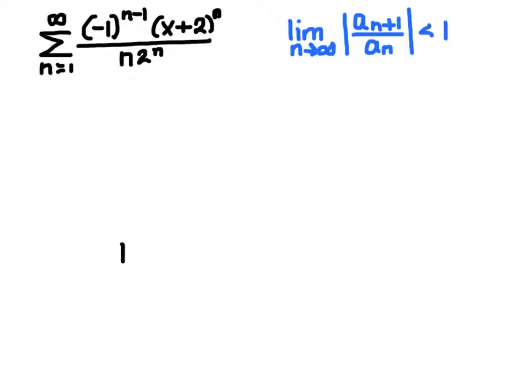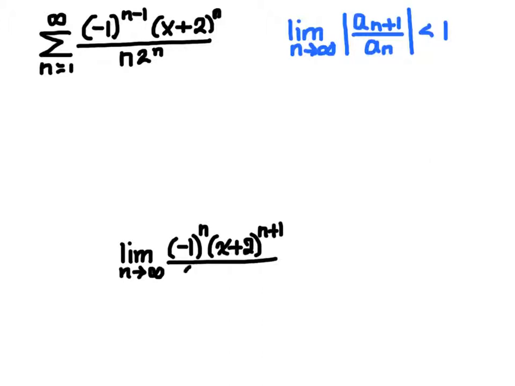So I'm going to take the limit as n goes to infinity of a sub n plus 1, so I have a negative 1 raised to the n plus 1 minus 1, so that's to the n, times (x plus 2) raised to the n plus 1, over n plus 1 times 2 to the n plus 1.